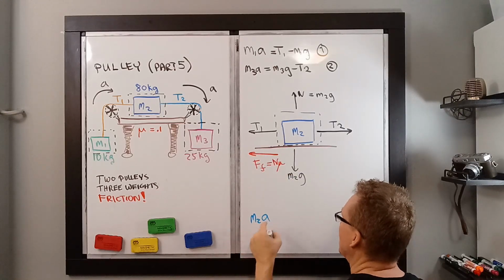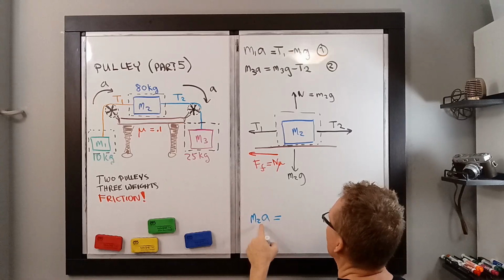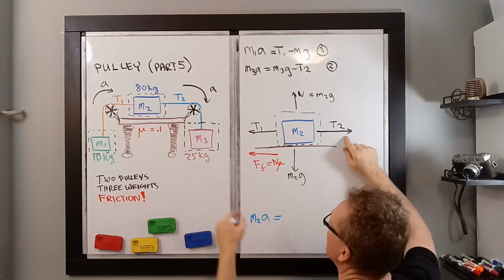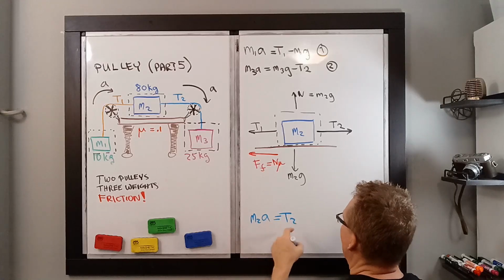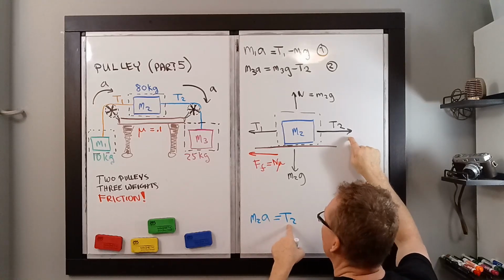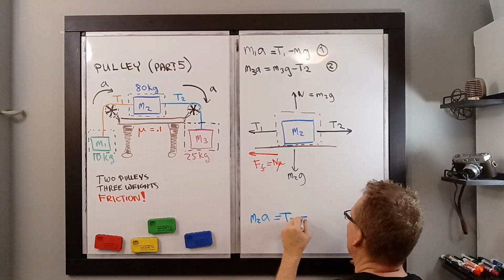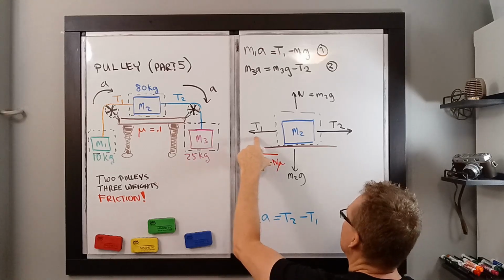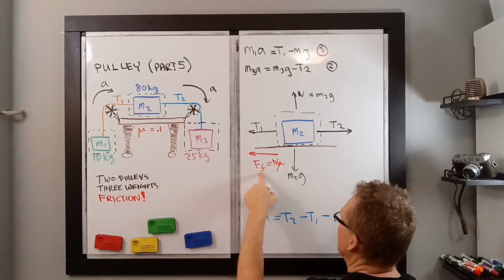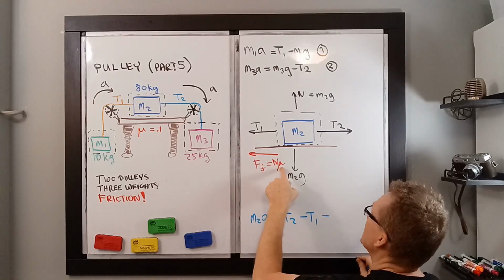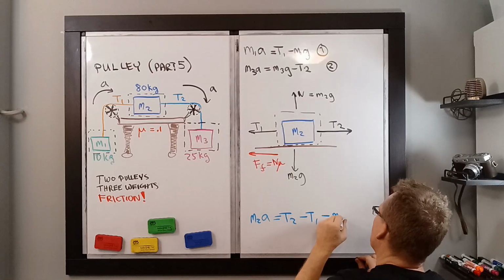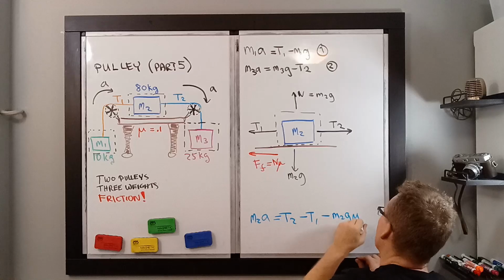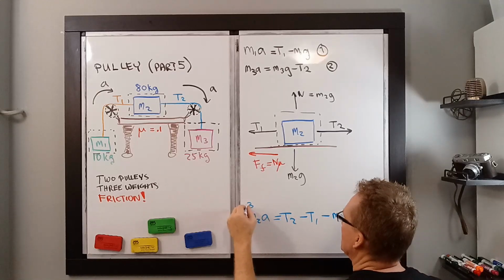Well, we know it's going to be equal to the unbalanced forces. Since it's accelerating in this direction, we can make T2 positive and put that first. That's the only thing pulling it. And then what's going to be pulling it backwards is T1, and also this friction, the normal force times mu, or if I want to get more decorative, M2G times mu. So this is equation number 3.